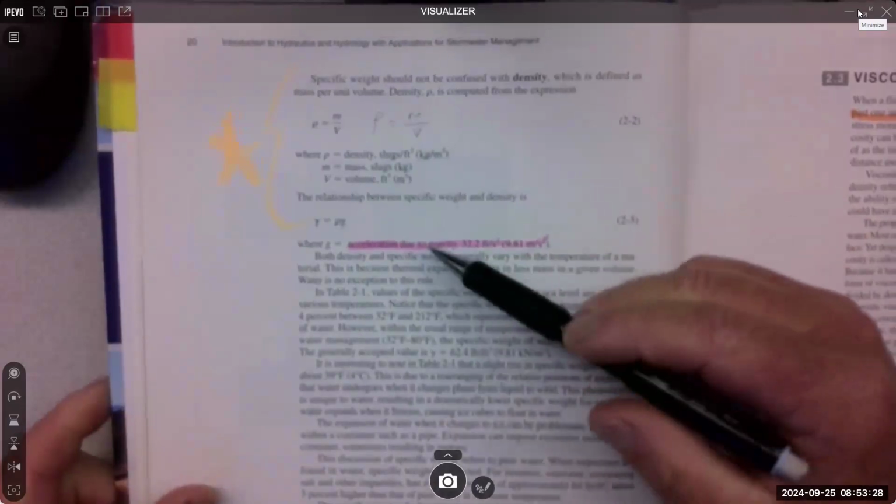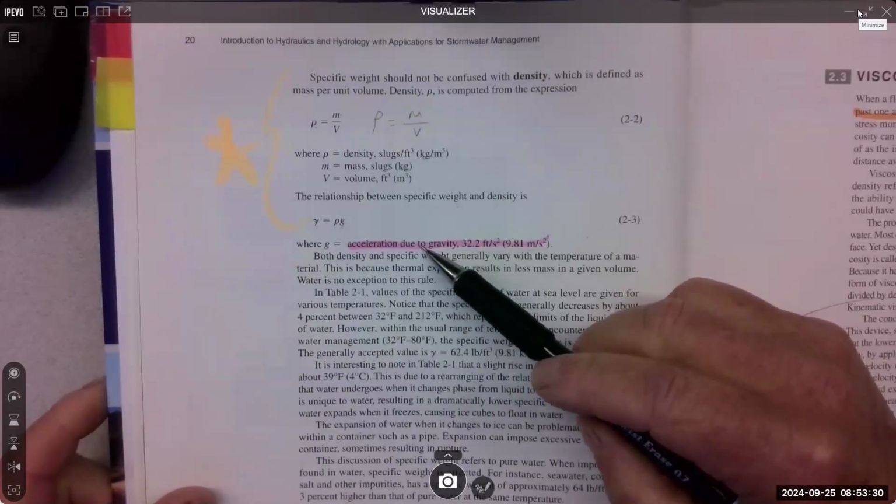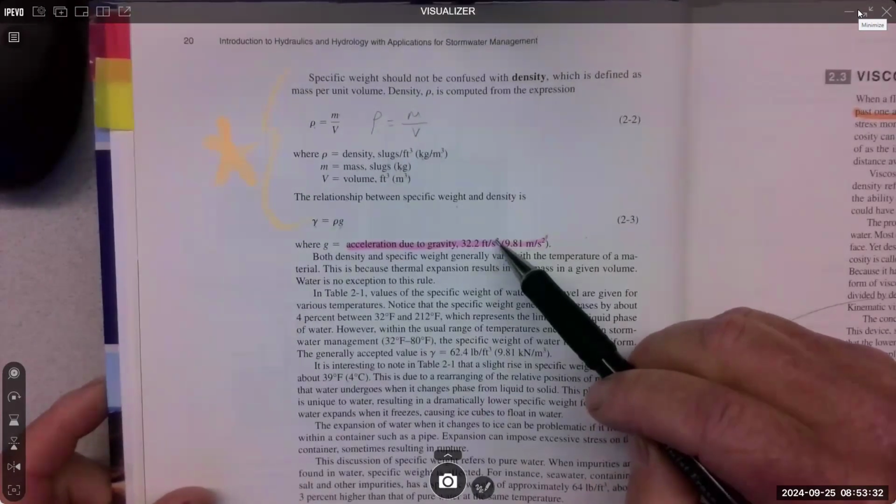And it is 32.2. It's kind of hidden. I can't even find chapter 2. Chapter 3. Yeah, 32.2 right here. Talks about the gravitational constant, 32.2 feet per second squared.